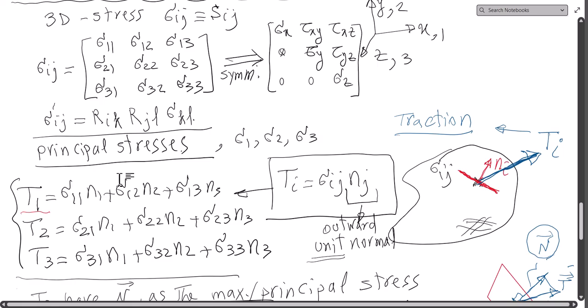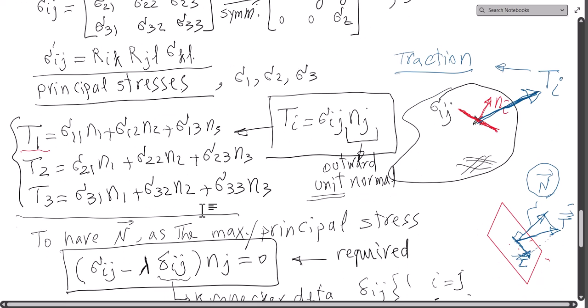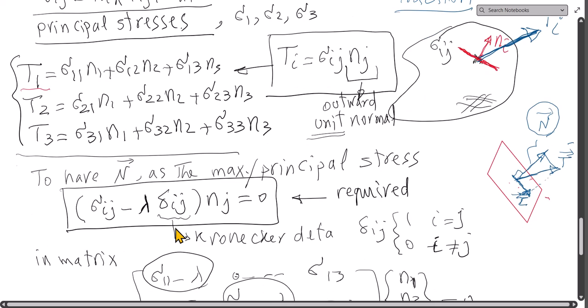We find the traction, and using the Lagrange multiplier method, we come up with an equation that gives us the maximum value for n, or a function which involves n, and that operation will give us this equation, which is sigma ij minus lambda, a parameter, delta ij nj. So this should be satisfied.